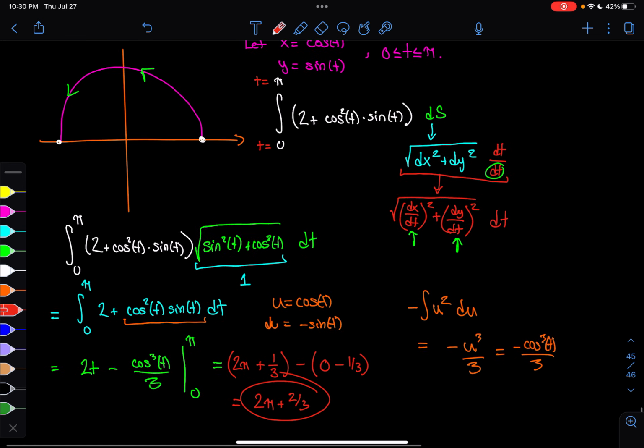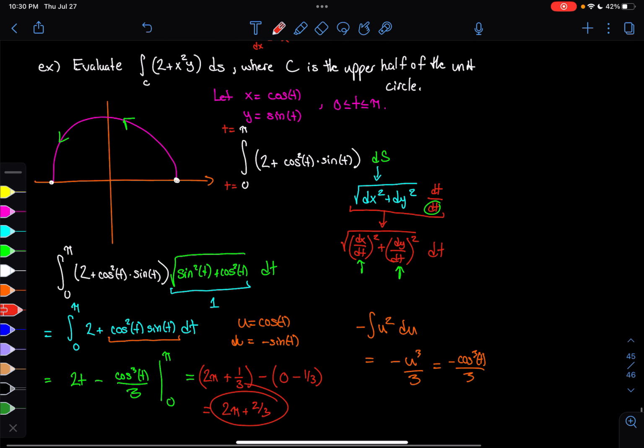So what does this answer represent? Well, again, it depends on what this function represents.